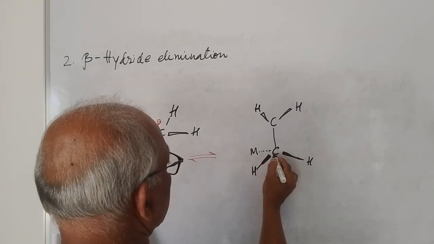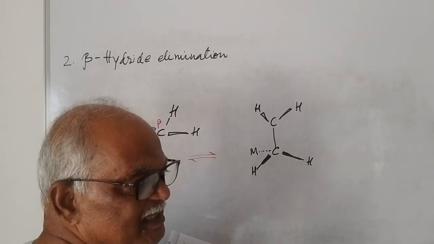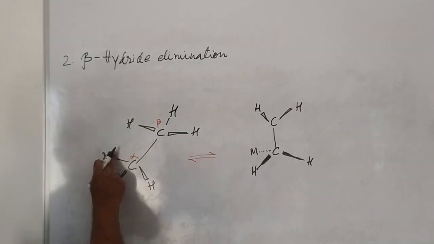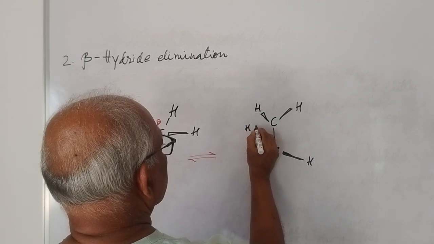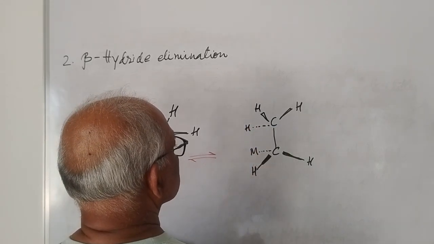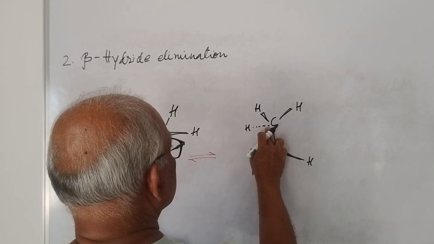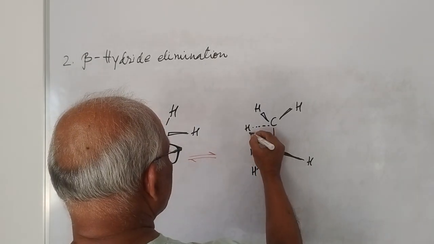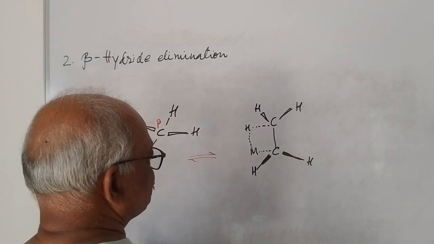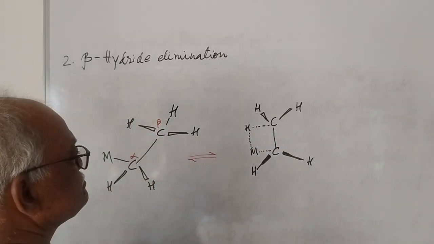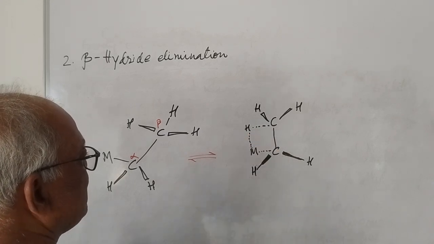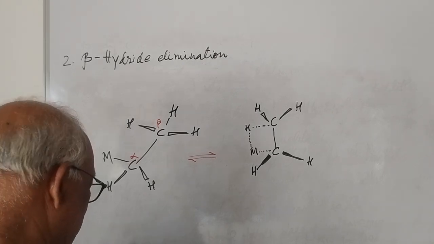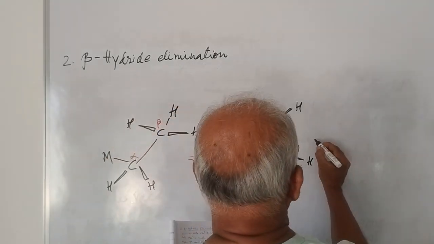This metal carbon bond is slightly weakened and this hydrogen is coming closer to this metal. This carbon hydrogen bond is undergoing breaking and this metal hydrogen bond is undergoing formation.